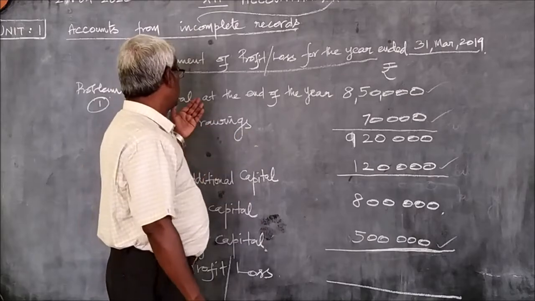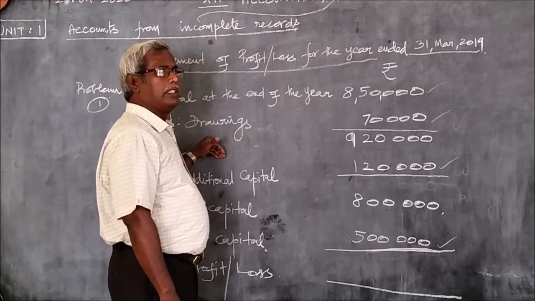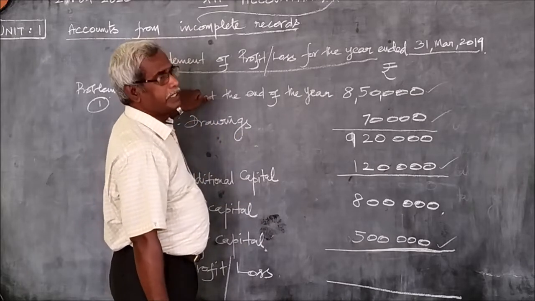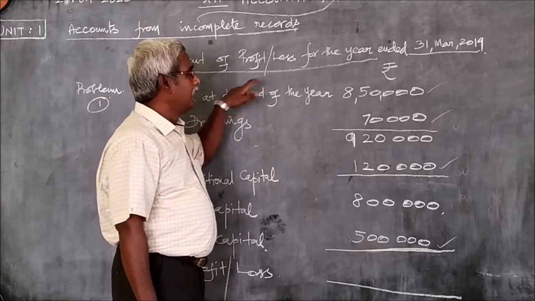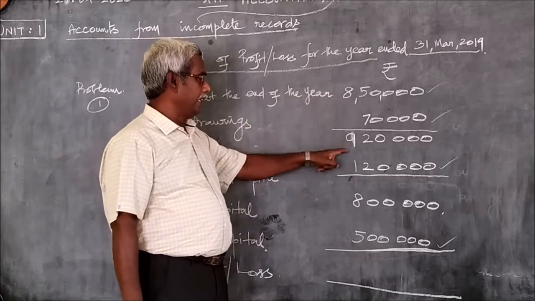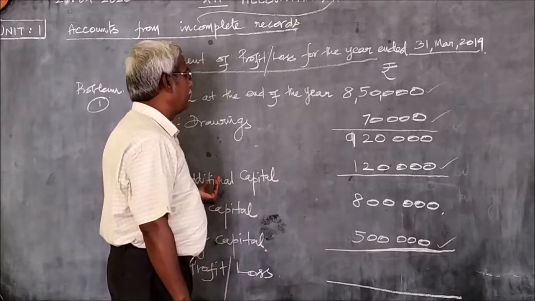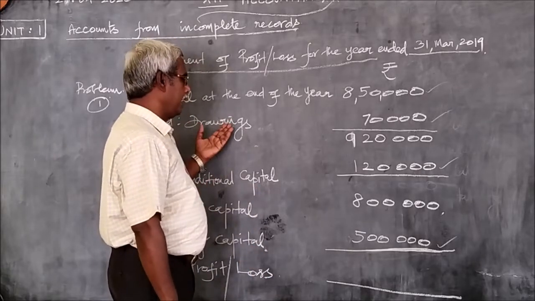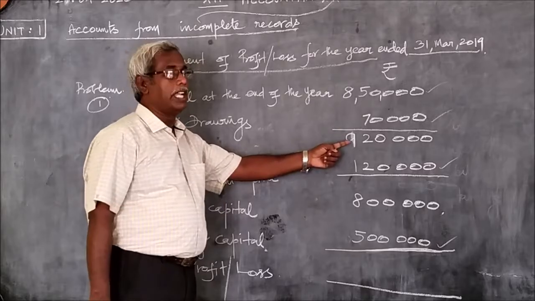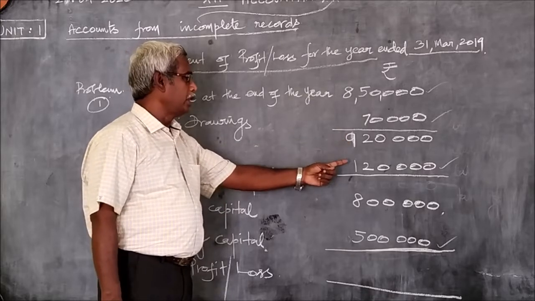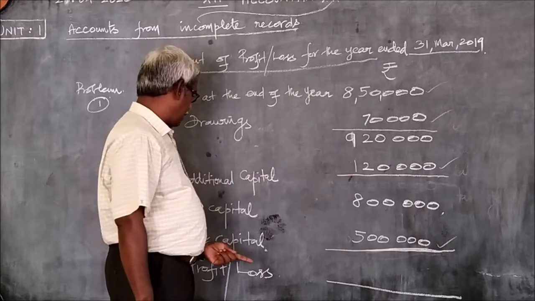So what we can do, according to the format given, we should add the drawings with the capital at the end. Add these two, we will get 9,20,000. Add drawings, then less additional capital from the answer. 9,20,000 minus 1,20,000.